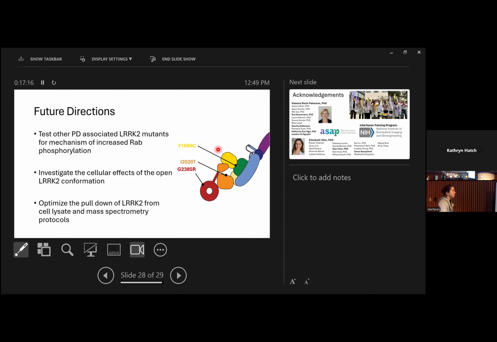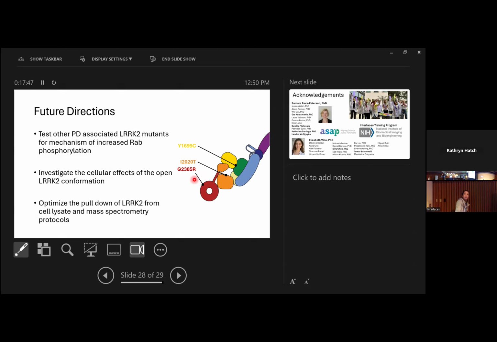I didn't really touch on them, but there's this mutation in the COR B domain that is very prevalent in different populations, Y1699C. There's another mutation in the kinase domain that's also prevalent, I2020T. And then probably one of the most interesting ones that we'll get to look at is G2385R, which is a mutation in the WD40 domain, not terribly far from where my DARPins bind.